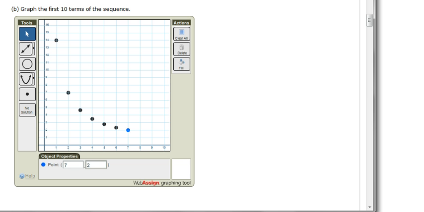Enter. 8, etc. I think I'm going to probably run out before the time is over. So this would be 14 over 8, which would be 7 fourths.